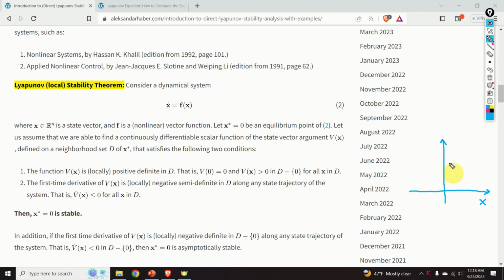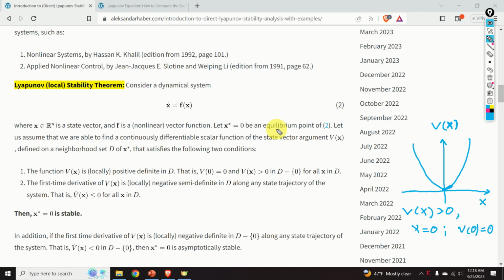So if this is a one-dimensional state space, this is v of x, and this function is positive definite. It is globally positive definite since it's always larger than 0 except at x equal to 0, where v of 0 becomes 0. Okay, so this is the first condition for v of x.